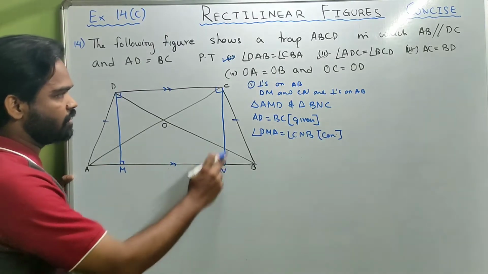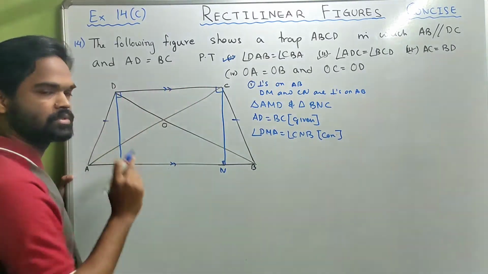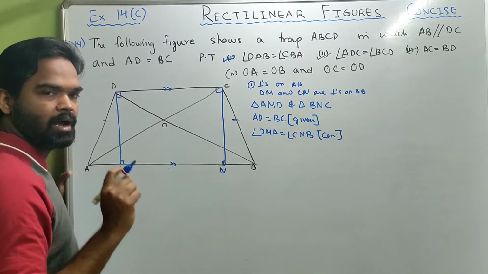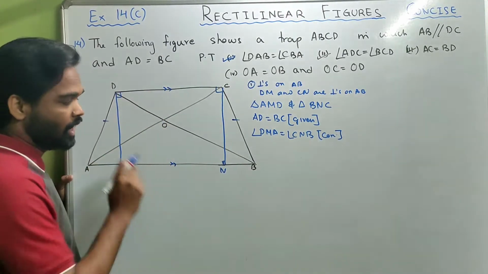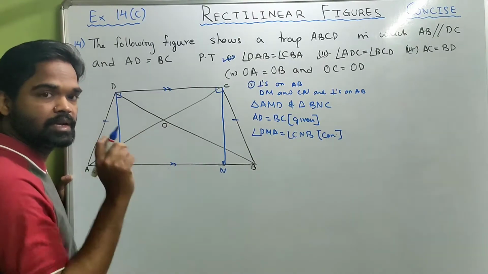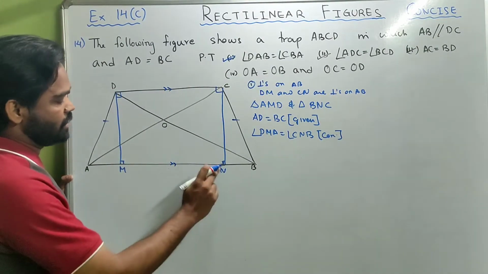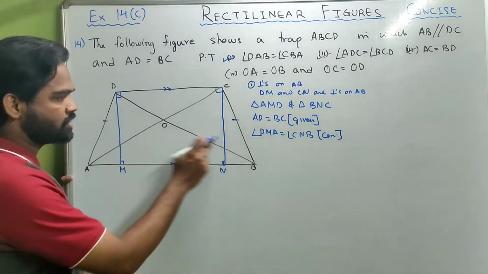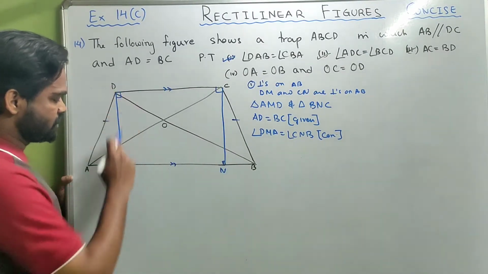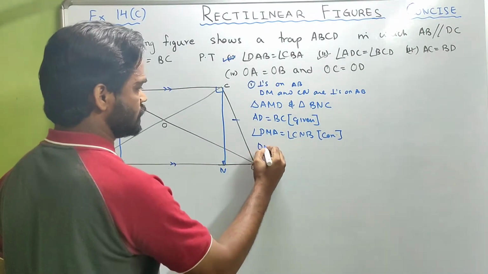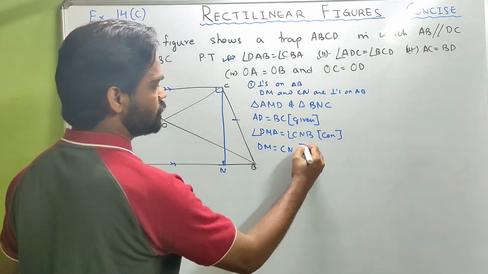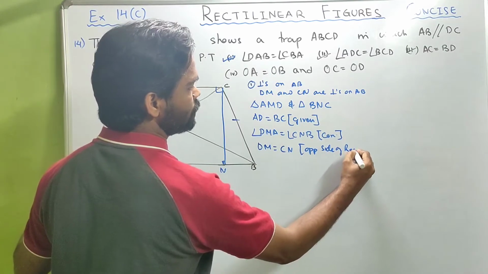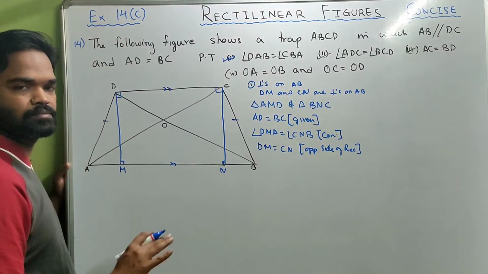So if in a quadrilateral one pair of sides are parallel and all the angles are 90 degrees, it means that MNCD is a rectangle. And if it's a rectangle, the opposite sides are equal, which means DM is equal to CN, opposite sides of a rectangle, isn't it?